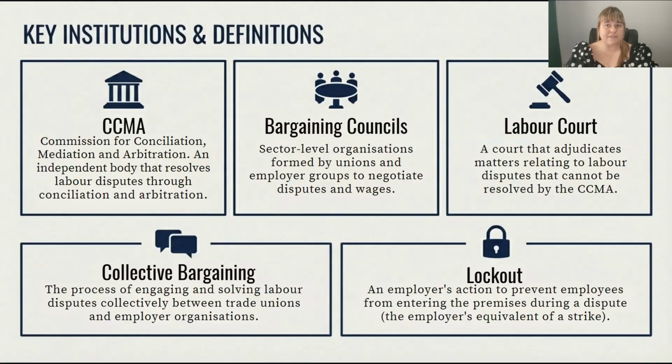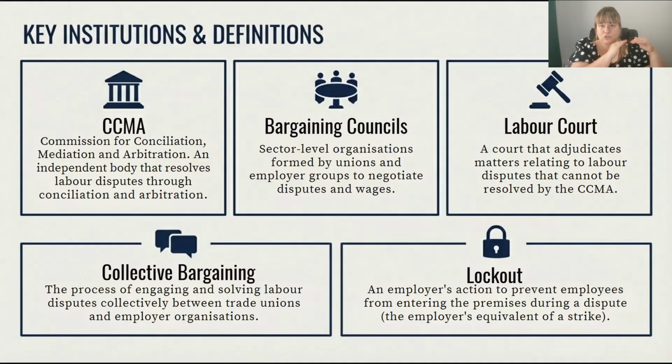Key institutions and definitions. So here we have the ones that we've just discussed briefly. So we have CCMA, which stands for Commission for Conciliation, Mediation, and Arbitration. What does that mean? It's an independent body that resolves disputes through conciliation and arbitration. So if you cannot resolve something within the workplace, you have a dispute with one of your colleagues or co-workers, even one of your managers, you can take it to the CCMA.